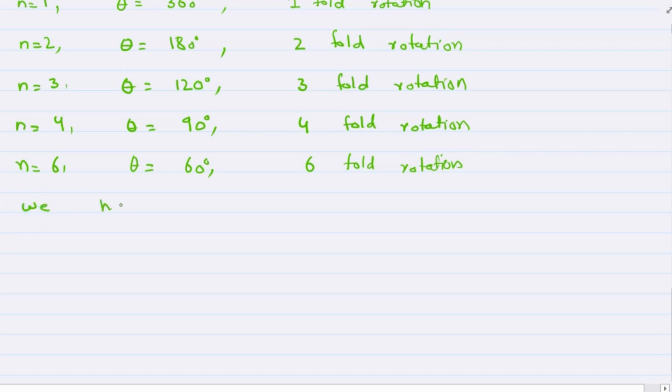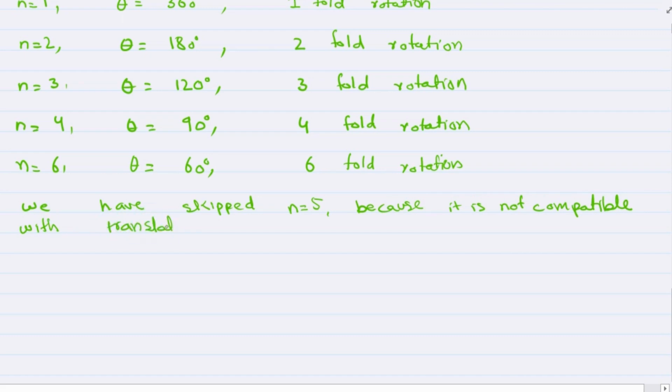So we have skipped n is equal to 5 because it is not compatible with translational symmetry operation. And why it is not compatible, we will see in a separate video later on.